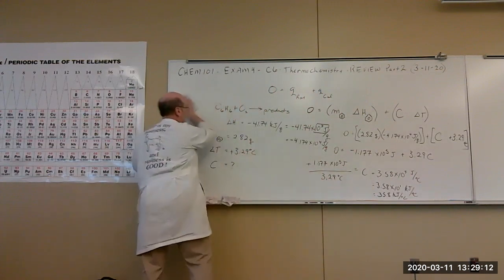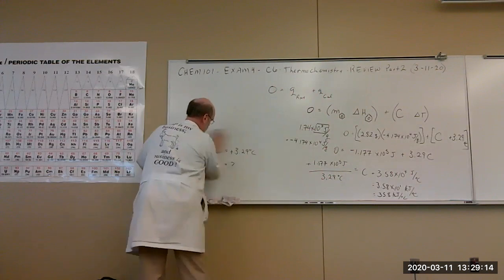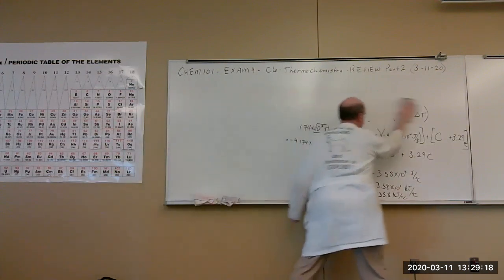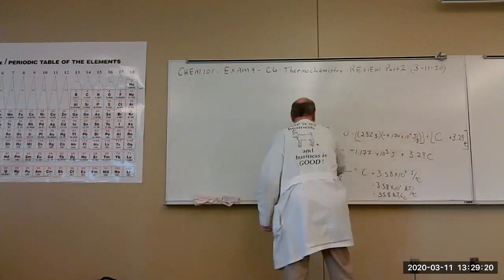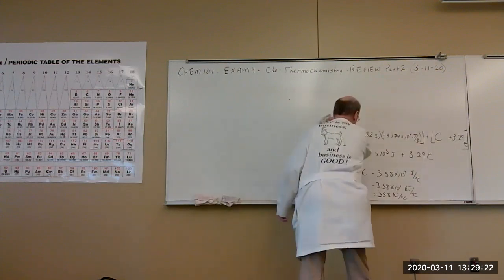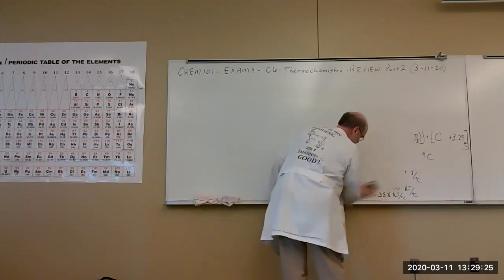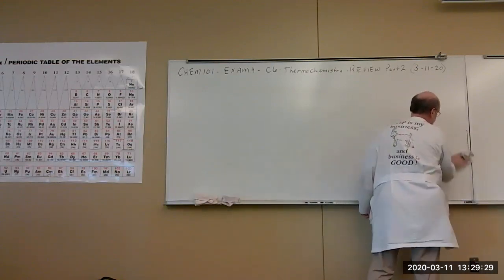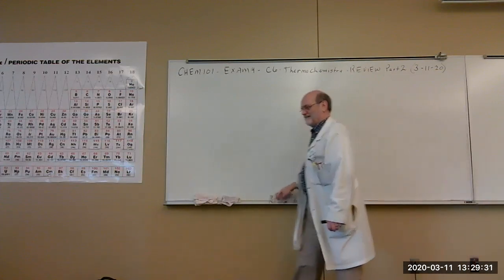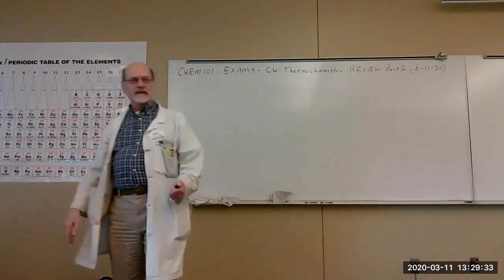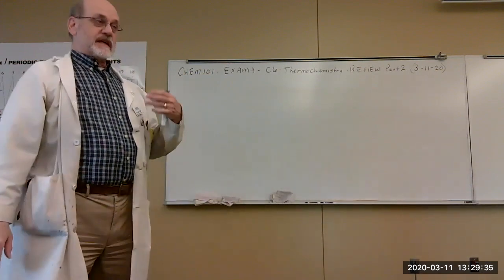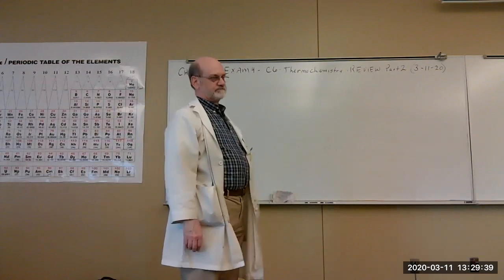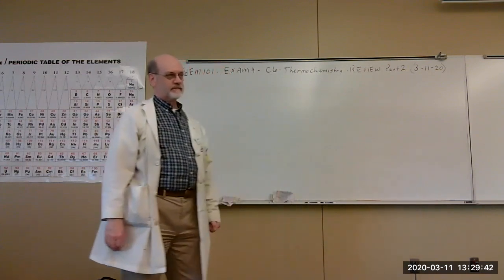Now, let's do a Hess's law. Remember Hess's law? What does Hess's law depend upon? It depends upon the fact that the enthalpy of a reaction is a state function. Doesn't matter how you get there.